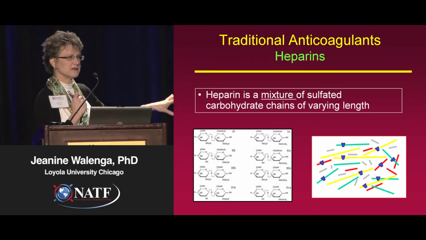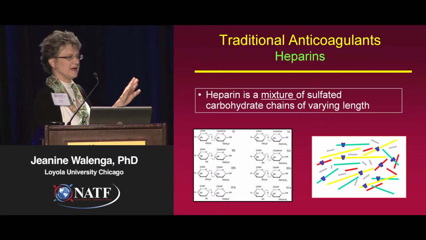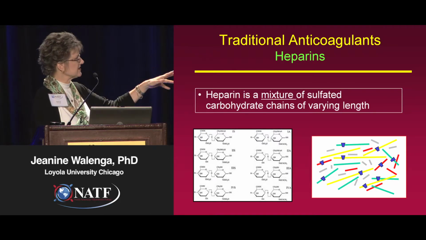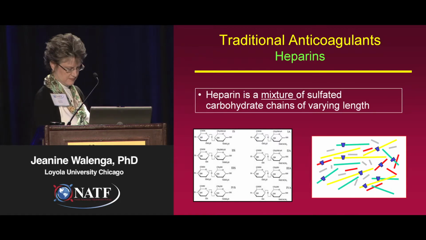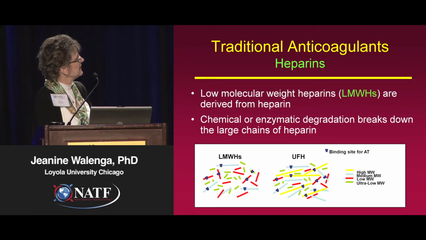And besides being an anticoagulant, when Dr. Libby was talking, I thought, well, if we look at heparin, it also has an anti-inflammatory component to it because of this multiplicity of structures that makes up the heparin molecule. So I think there's more to the picture for heparin than just being a pure anticoagulant.